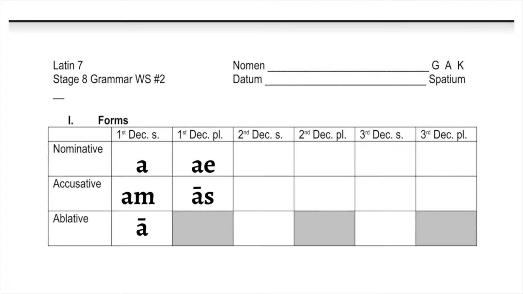Okay, now the second declension, singular nominative: us or er. So we have words like Caecilius that end in US, and we have words like puer, which end in R, which means boy, and that's second declension, singular, nominative. All right, so for accusative, we have um, and an ablative, o. So in horto is an example of a second declension, singular ablative word.